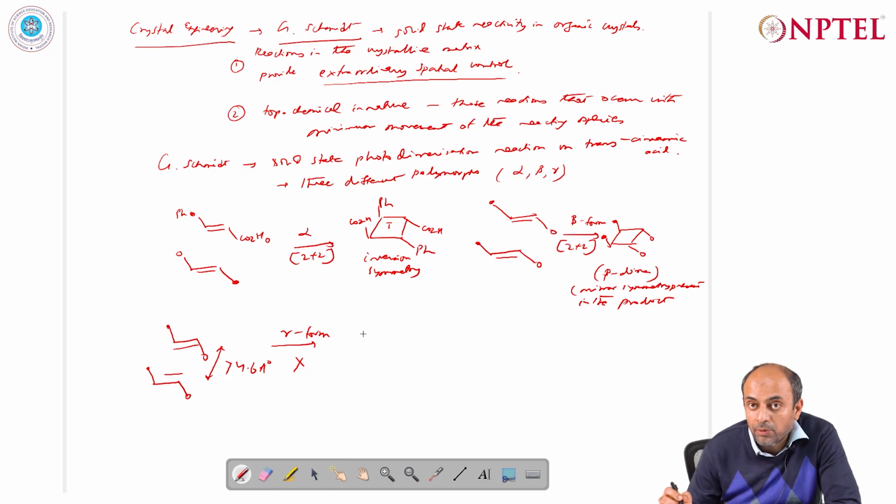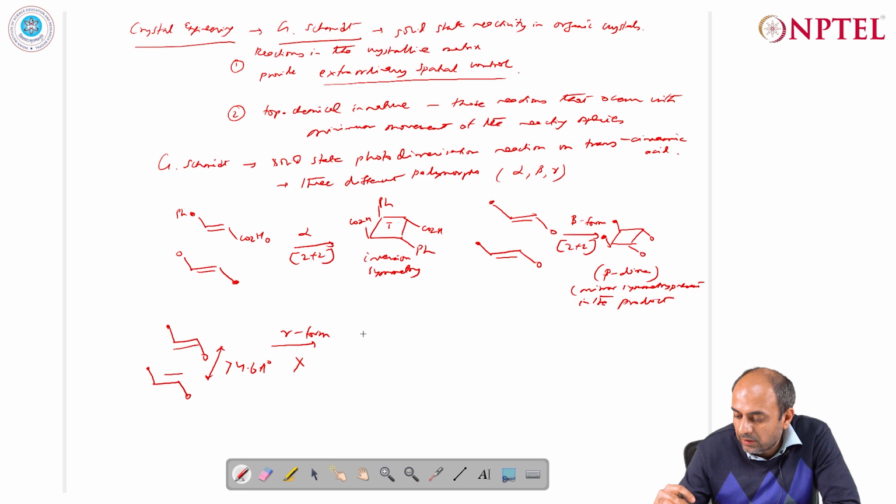So this talks about a very specific product formation happening depending upon the arrangement of the molecules in the solid state. So if you have the CO2H which are trans to each other, then we have the inversion symmetry, but if the CO2H are on the same side, then that is the cis orientation, then we have the mirror symmetry that gives rise to the beta dimer.